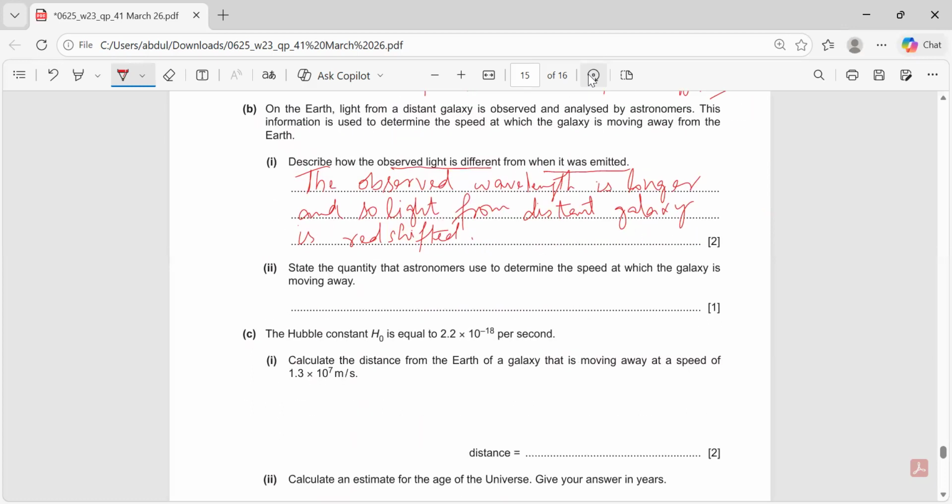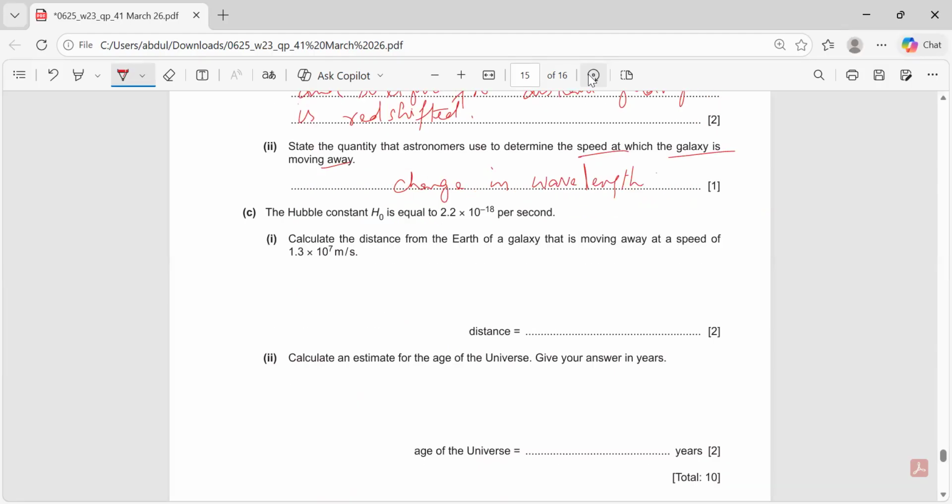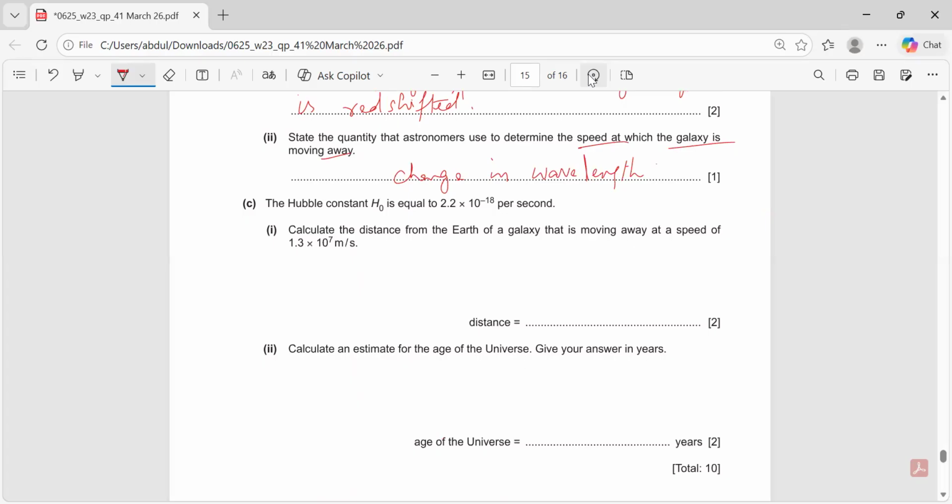Now state the quantity that the astronomers use to determine the speed at which the galaxy is moving away. So that is simply when the wavelength is increased. So simply you should write change in the wavelength. Now one thing very important and repeated one. Hubble's constant H naught is equal to 2.2 times 10 raised to power minus 18 per second.